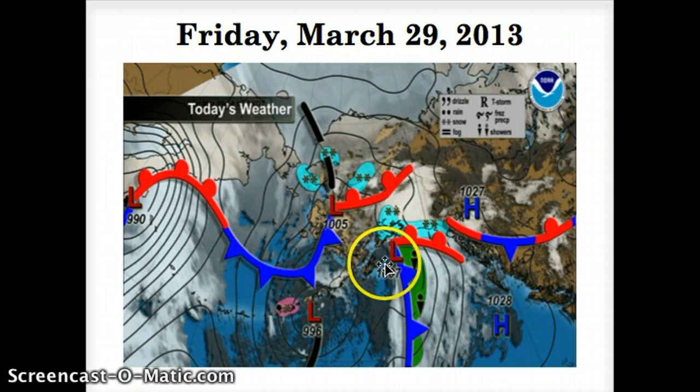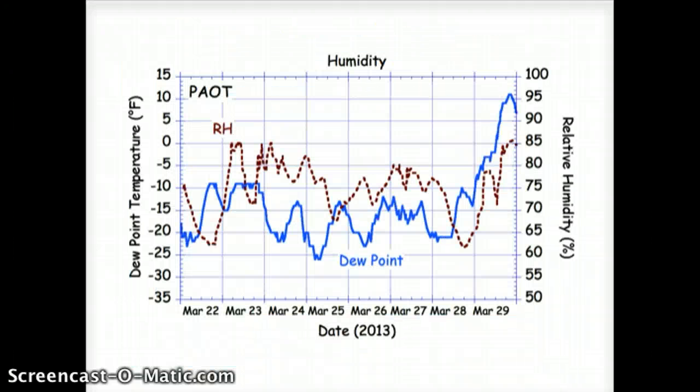But another low pressure system taking over warm right here in more southern Alaska, with a lot of rain coming out right here. There's a high pressure system to the west, but this was about the time where both the temperature, the relative humidity, and the dew point were raised.